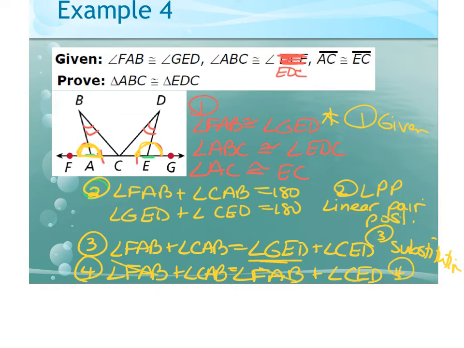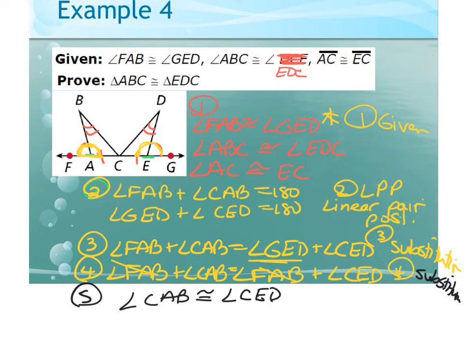So this reason here where I substituted is substitution again. Step 5, subtraction. So CAB is congruent to CED, and this is subtraction property of equality.